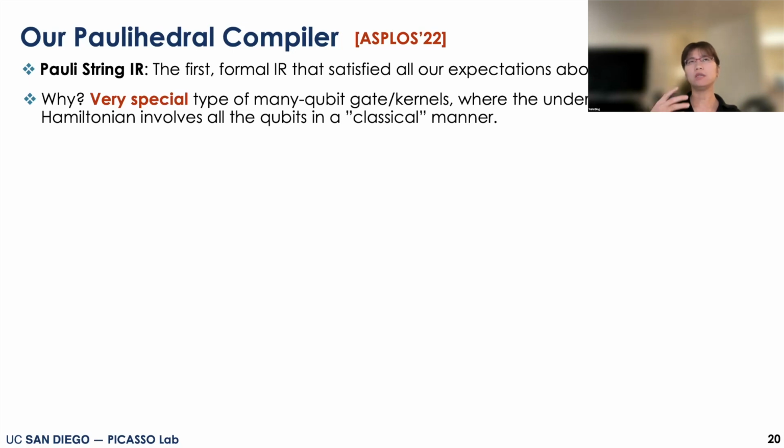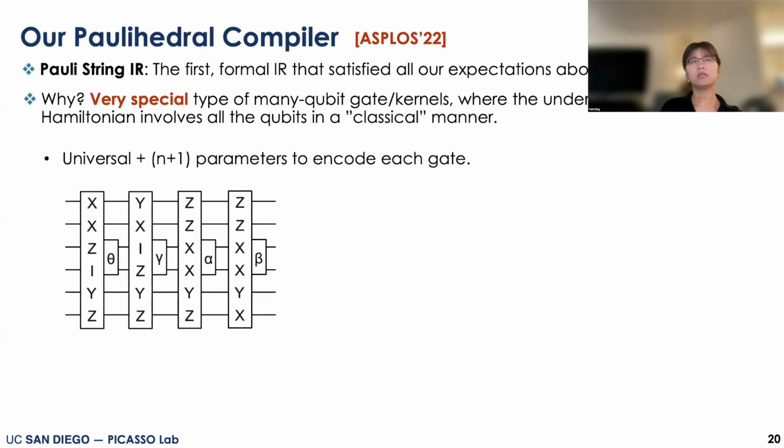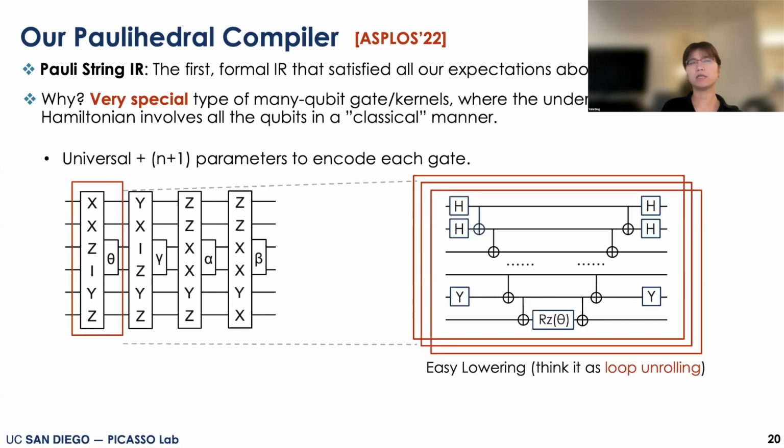Actually, it is just some multi-qubit gate kernels, but not general multi-qubit gates, rather a special type of many-qubit gates. Here is an example showing how we can have a set of many-qubit gates to represent your program, and each of these multi-qubit gates can be decomposed into 1-qubit and 2-qubit gates, which are natively supported by the hardware.